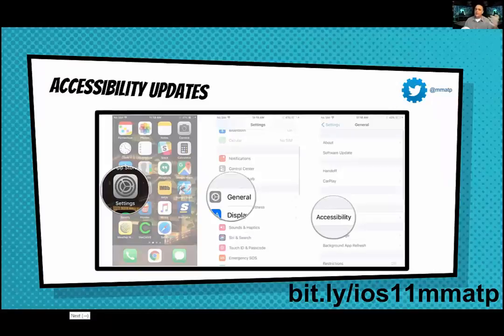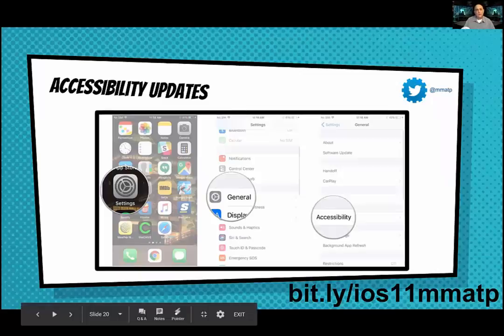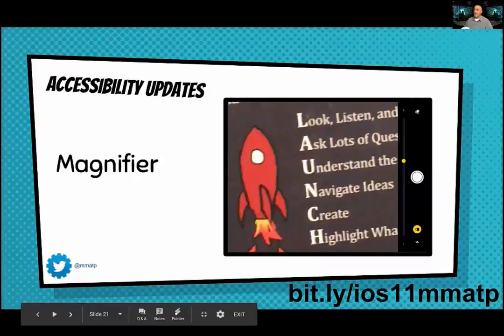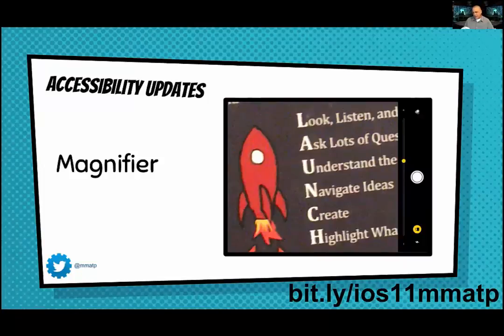So as we go through, just a reminder, go to settings, go to general, choose accessibility. That'll get you there as we go through. And what we found, here's some of the things that changed. So the magnifier changed. Didn't really change as much as they improved the ability for it to see in different lights.